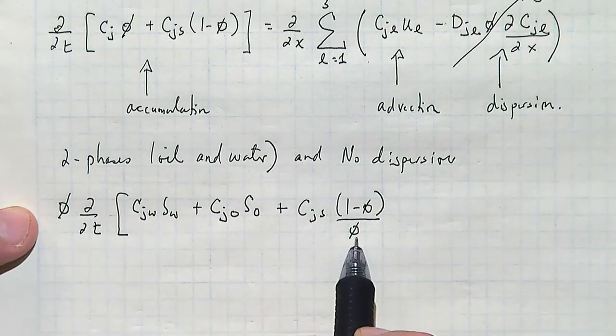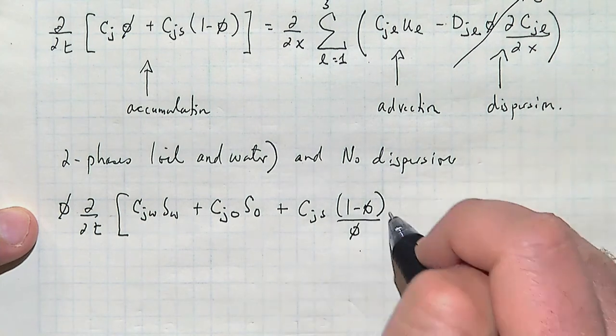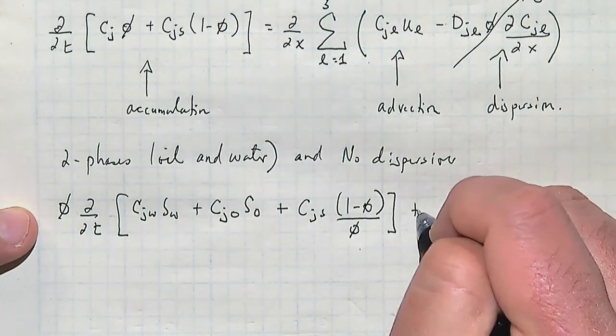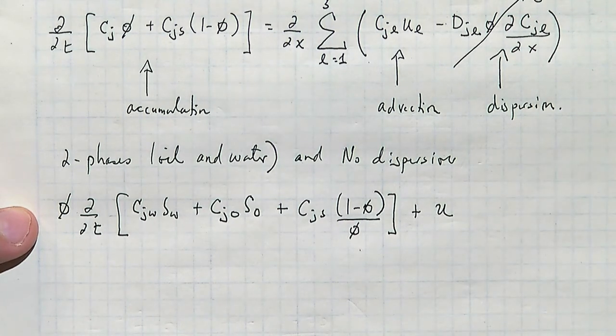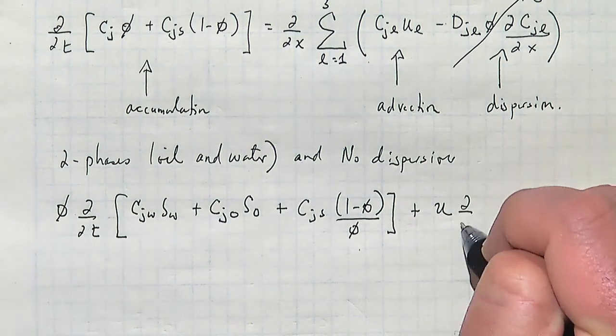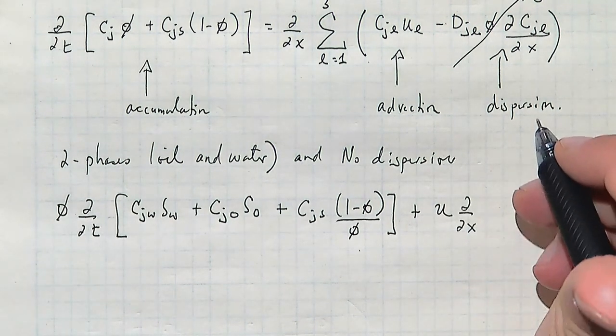I pulled out a porosity, so I've got to put that in the denominator there. Plus the velocity u times the partial with respect to x.